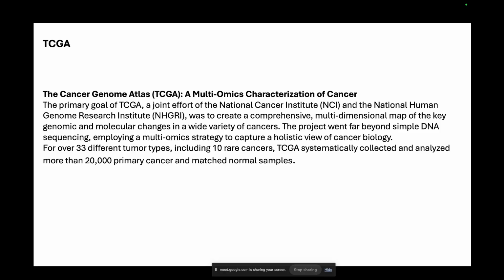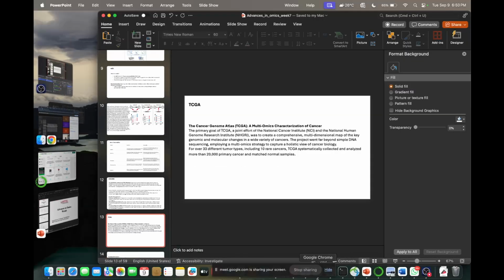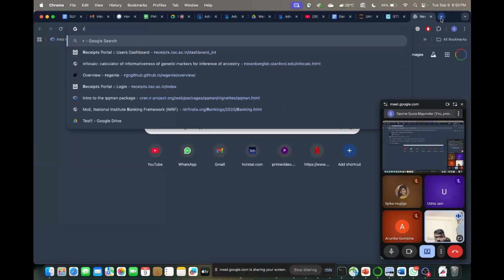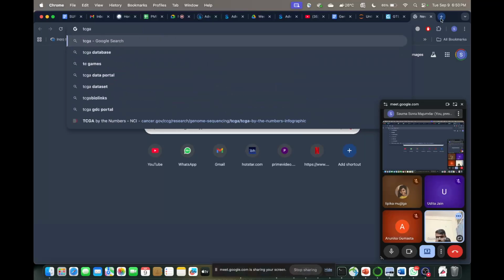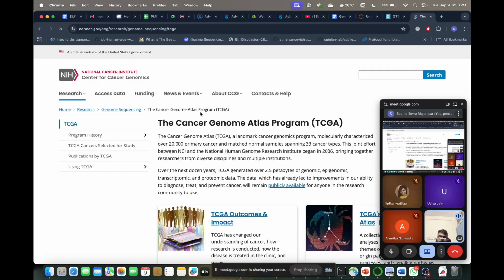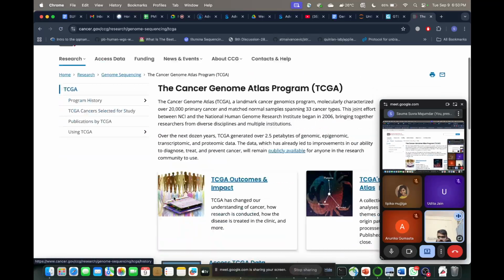Right? So moving on to some more recent projects, TCGA is a very well utilized and well known project. This is the Cancer Genome Atlas program.